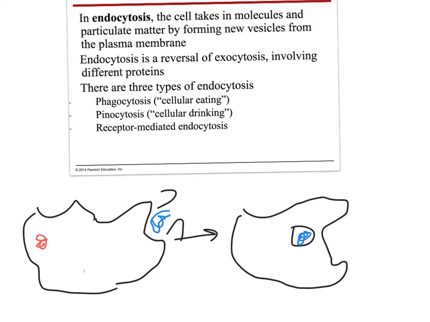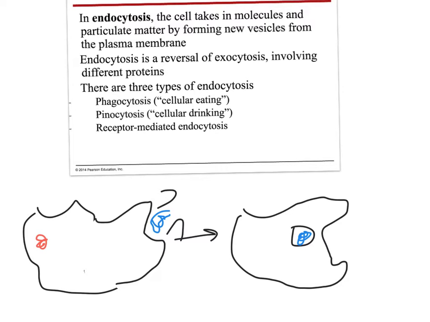So if it's receptor-mediated, what does that mean to you? That the receptors send a signal saying we receive something, and then they do a vesicle. So in order for endocytosis to occur, that receptor has to have the signal first, right? And that's exactly what happens.